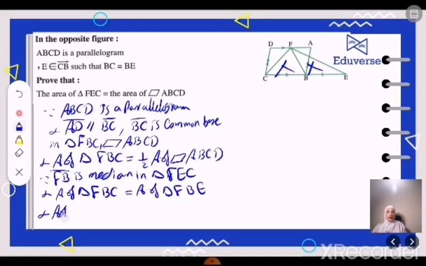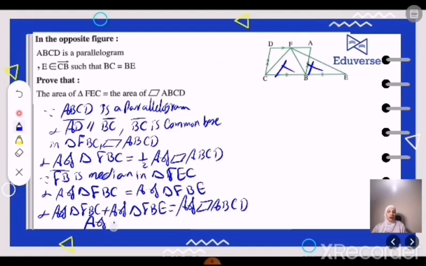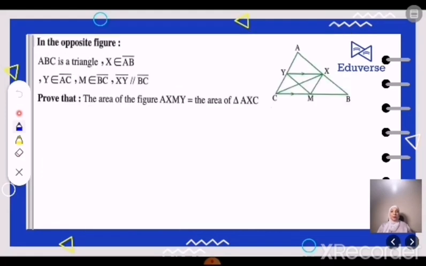Then area of triangle FBC plus area of the triangle FBE will equal the area of the parallelogram ABCD, which means here area of the big triangle FEC equals area of the parallelogram ABCD. And that's it.